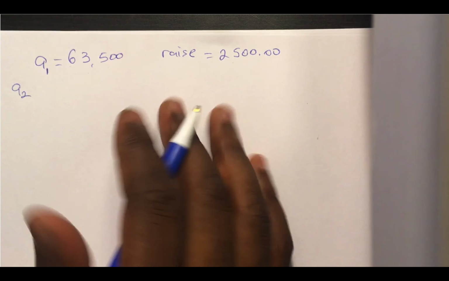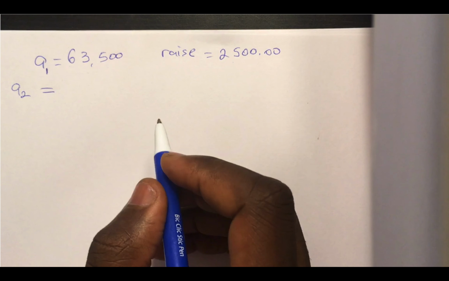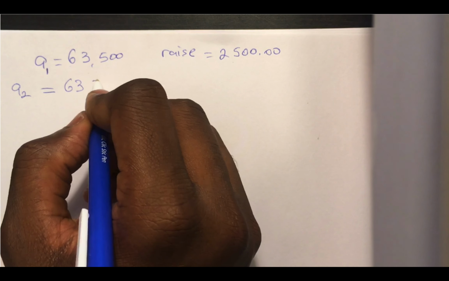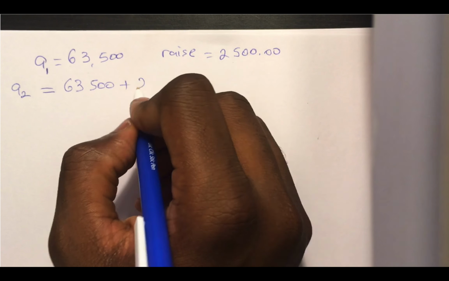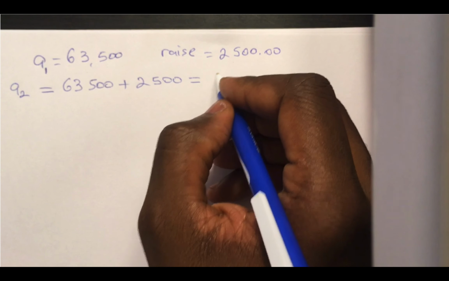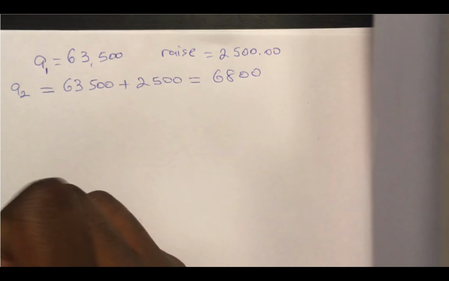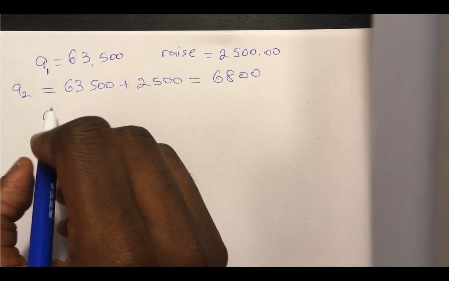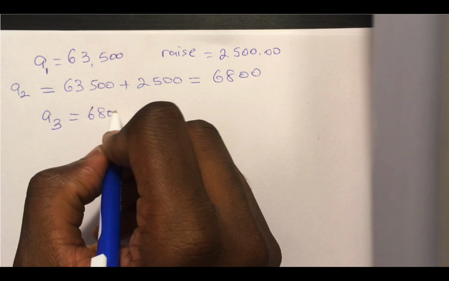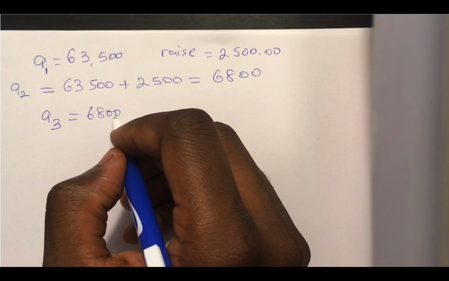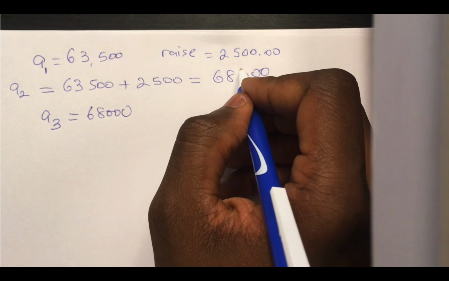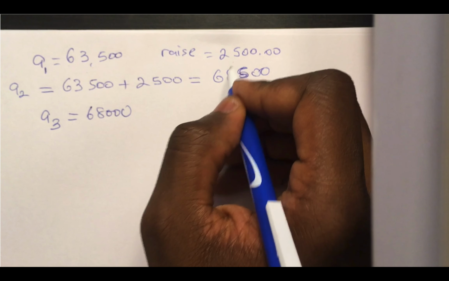A of 2 will give you 63,500 plus 2,500. This will give you a total of 66,000. Then the third year, the person will make 66,000. Oh, let me add that properly. 68,500, I apologize.